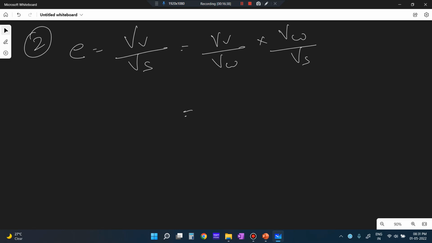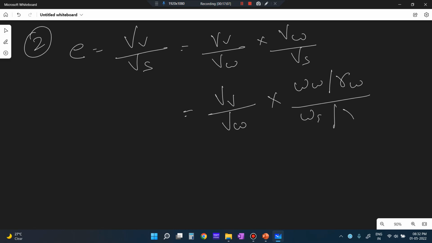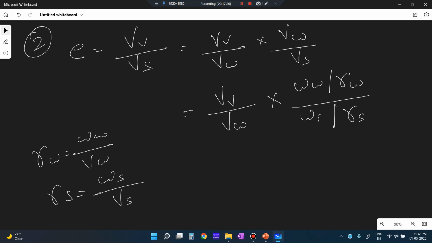So now this Vw can be written as weight of the water divided by unit weight of water, and Vs can be written as weight of the soil solids by unit weight of soil solids, since gamma W is equal to weight of the water divided by volume of water, and gamma S is equal to the weight of the soil solids or dry soil divided by the volume of soil solids. So you can write it like this.